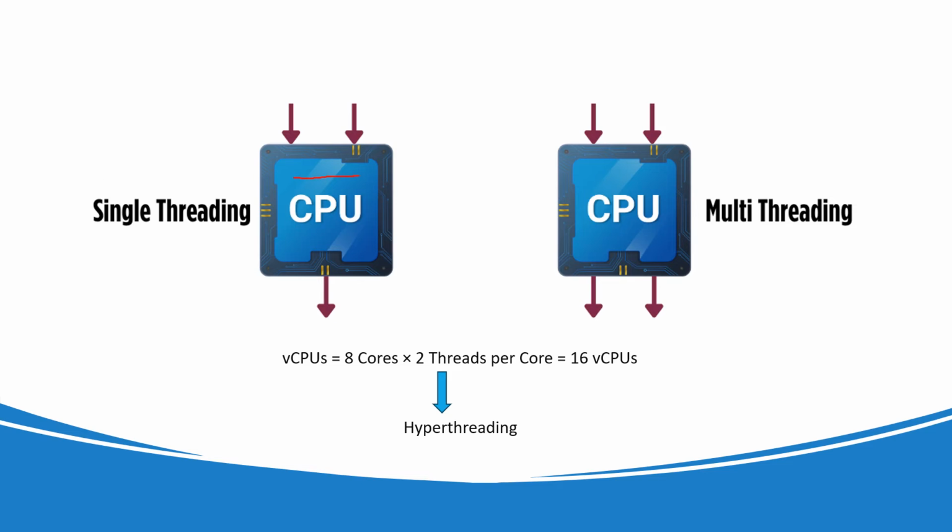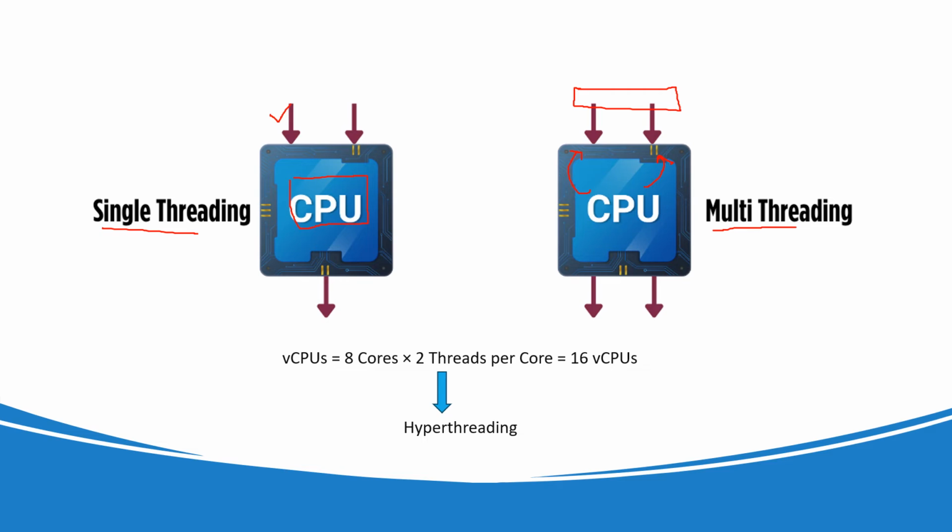So you can see this is my CPU. If it is single-threaded, it can handle only one instruction at a time. If it is multi-threading, that means if two threads are coming, the CPU will switch between these two threads so quickly that it will look like it's working in parallel.